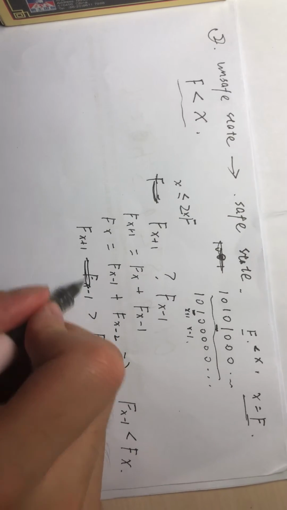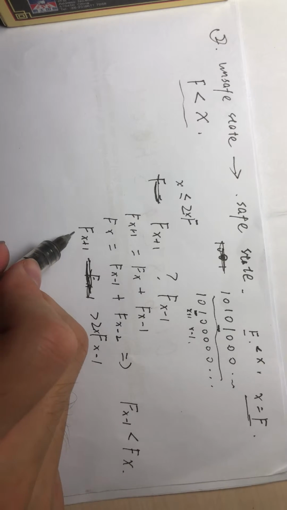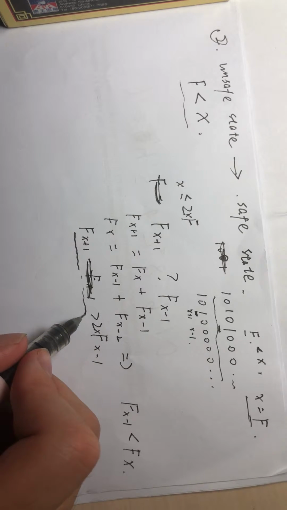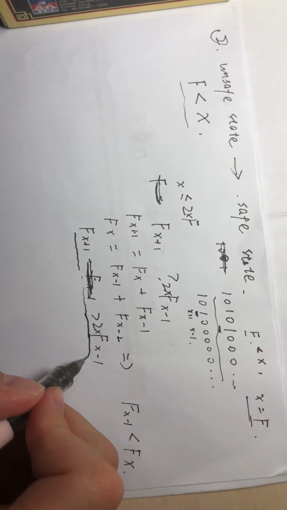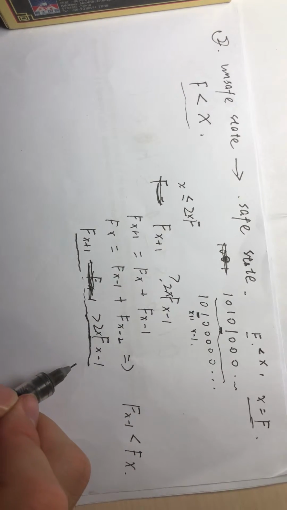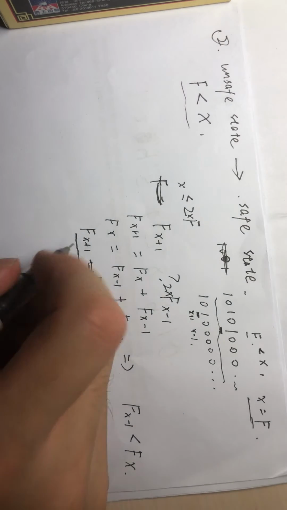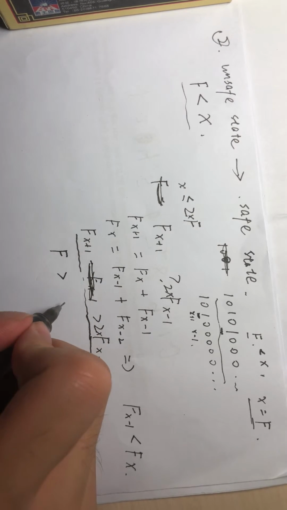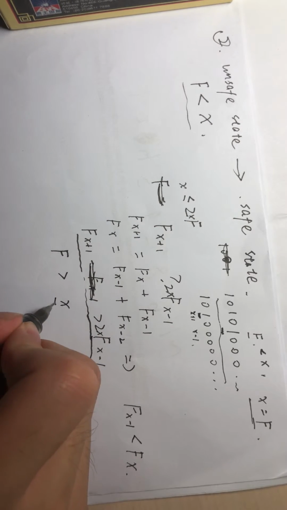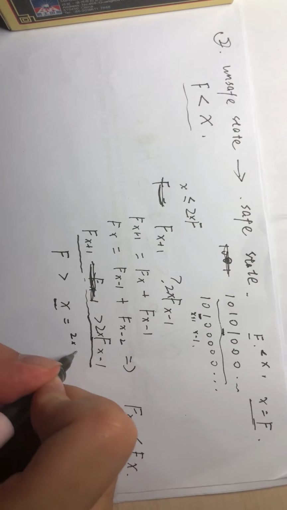So we can conclude that fx plus 1 is bigger than 2 multiply fx minus 1. So this time f is bigger than x, which is less than or equal to f.